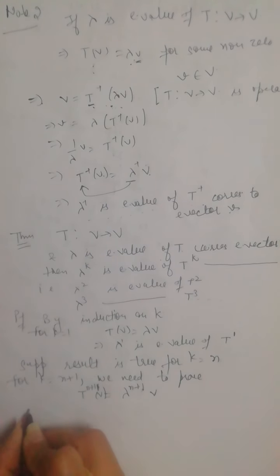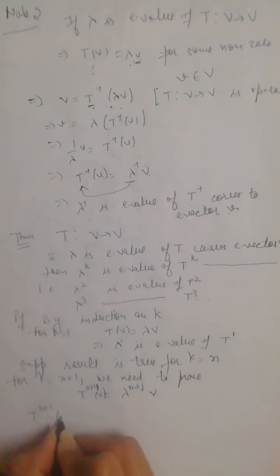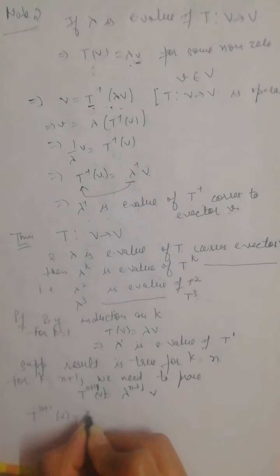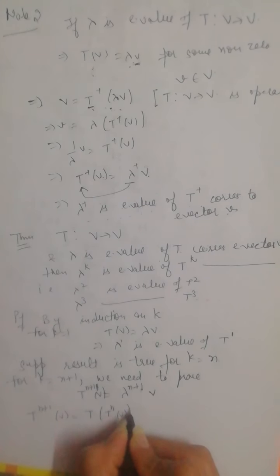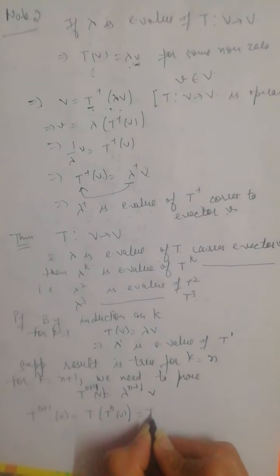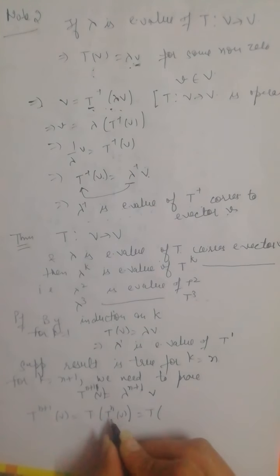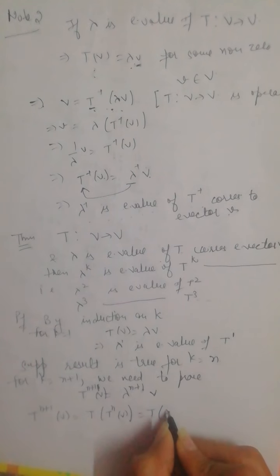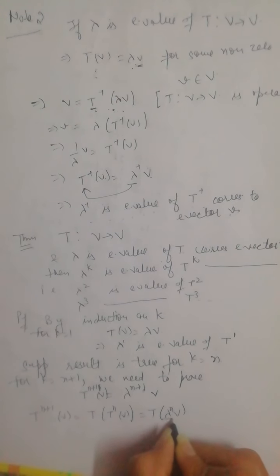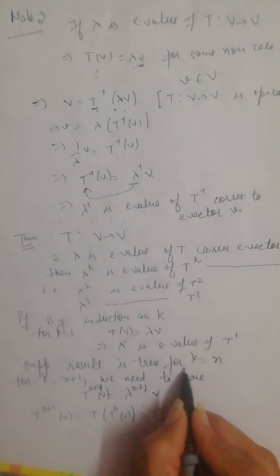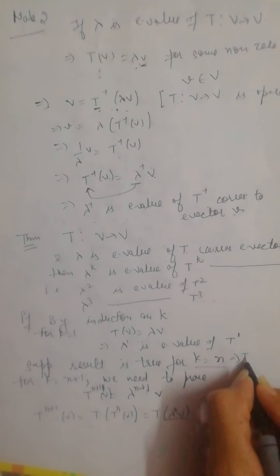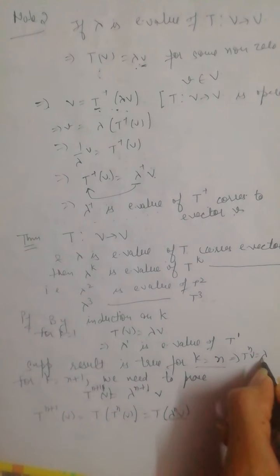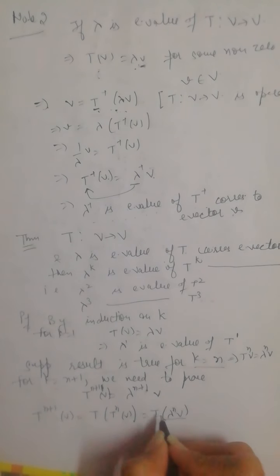Now T to the n plus 1 of v can be written as T of T raised to power n of v, that is equal to T of lambda n into v because of induction hypothesis. Result is true for k is equal to n implies T n v is equal to lambda n v.